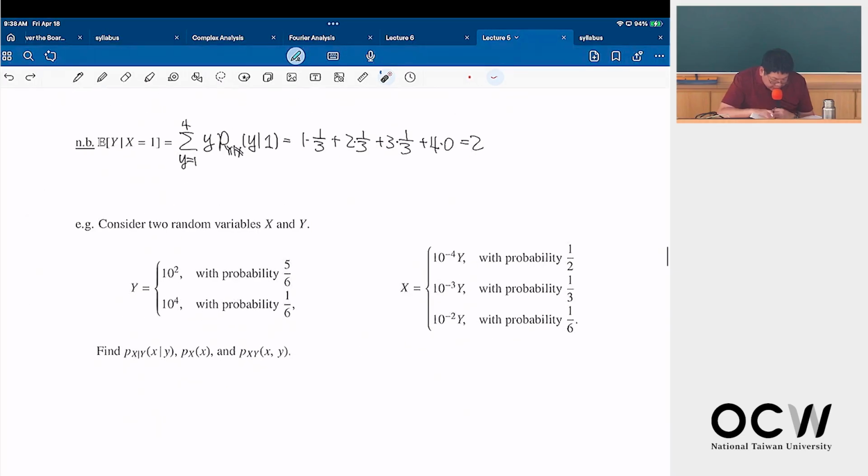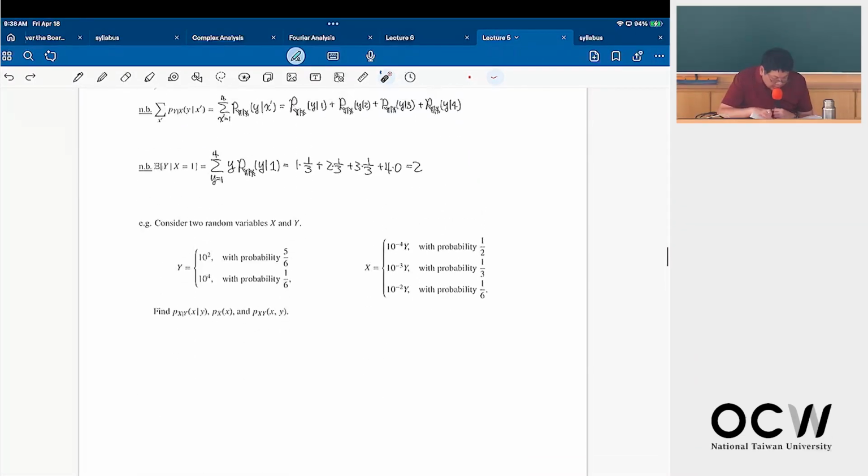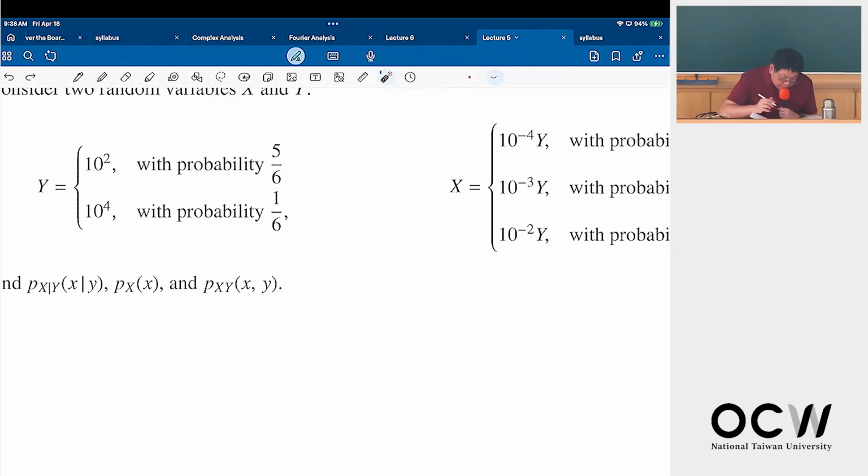First, let's find the conditional PMF of x given y. We know that for the conditional PMF of x given y, y is fixed. So y is either 100 or 10,000.